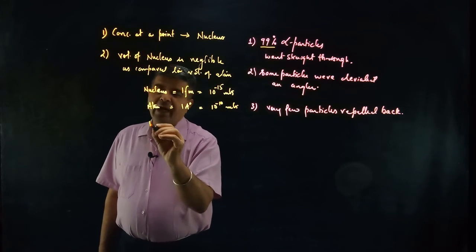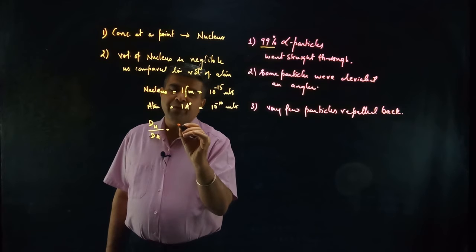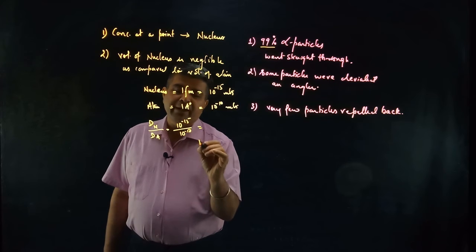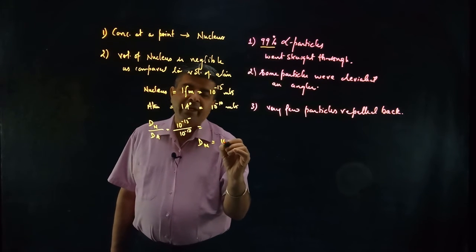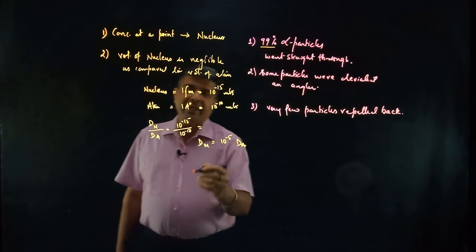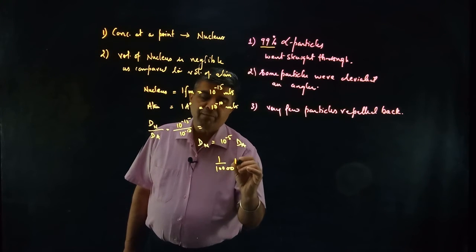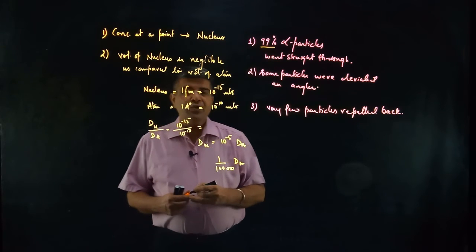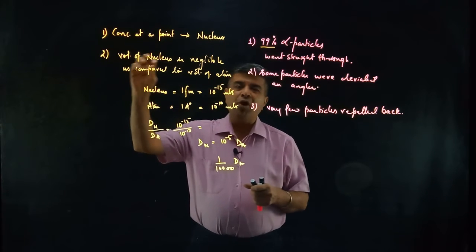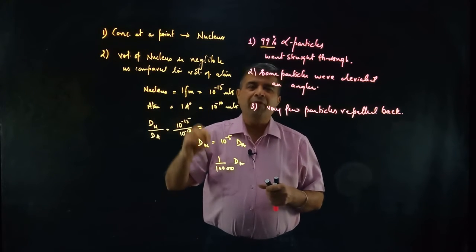So if you take the ratio of the diameter of the nucleus to the diameter of the atom, it would be 10 raised to power minus 15 over 10 raised to power minus 10. Therefore the diameter of the nucleus would be 10 raised to power minus 5 times the diameter of the atom. Practically speaking, the diameter of the nucleus is 1 lakh times smaller than the diameter of the atom. So this was the reason Rutherford proposed that the volume of the nucleus is negligible as compared to the volume of the atom.